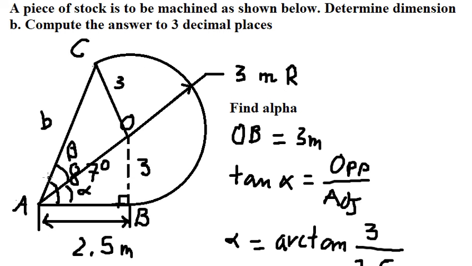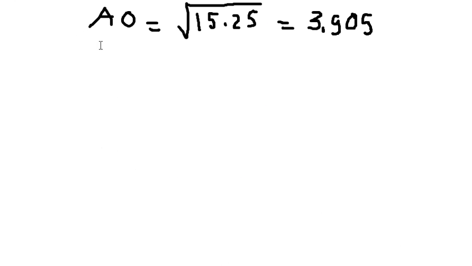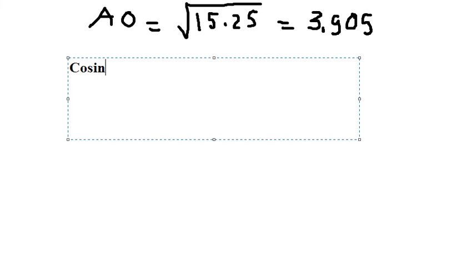Next, we can find AC, that is B. We have OC, we have AO, and we have the angle. Now we can find the value B in here. So we can apply the cosine law in the triangle.